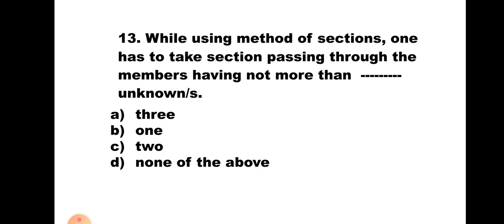And for non-concurrent forces, we have three analytical conditions of equilibrium, that is sigma Fx equal to 0, sigma Fy equal to 0 and sigma M equal to 0. As three equations are available, we can find three unknowns. Hence the section should be chosen such that there are not more than three unknowns. Hence the correct answer is A, 3.